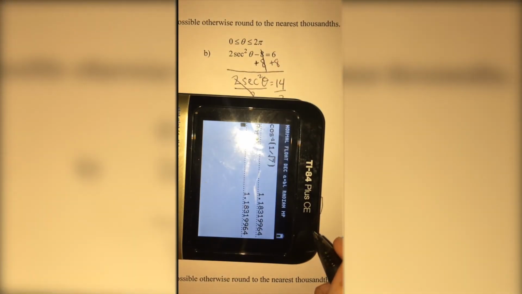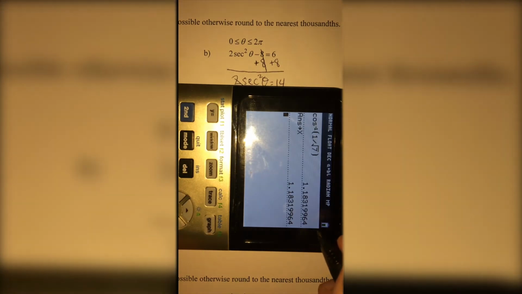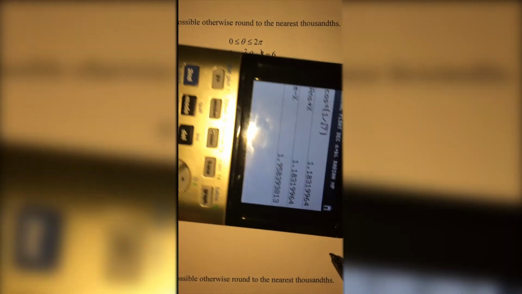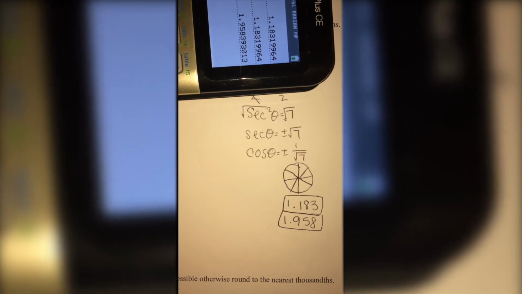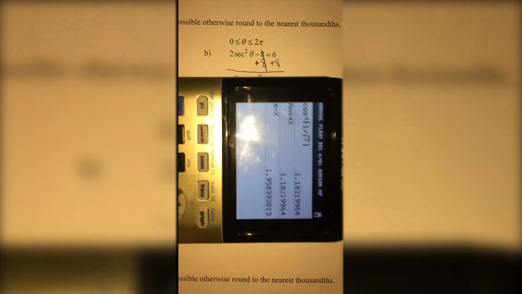To get your answer for quadrant number 2, you simply subtract your number from pi. To get your answer for quadrant number 3, add pi to your number.